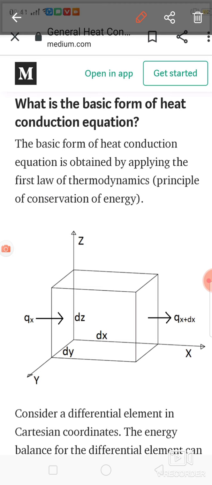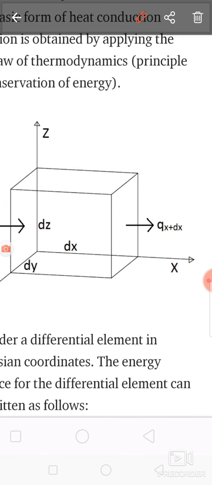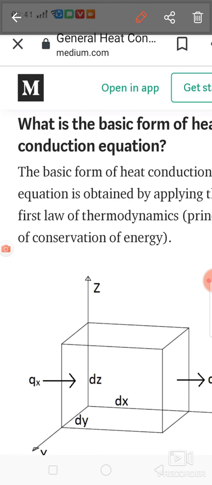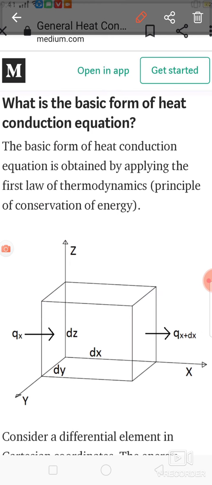So this is about the heat conducted in this particular element. qx amount of heat is conducted into the element in the x direction, and qx plus dx is conducted out from this element. Similarly qy is heat conducted into the element in the y direction, and qy plus dy is conducted out in the y direction.